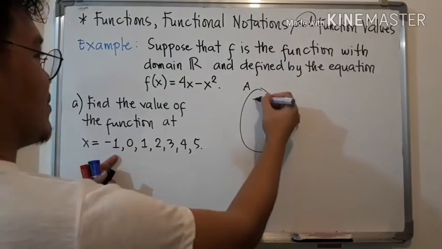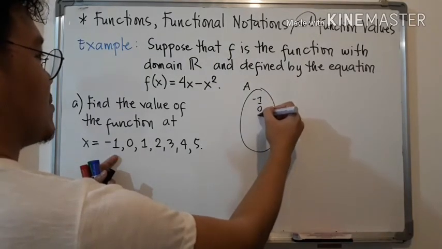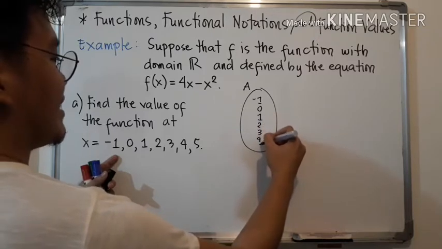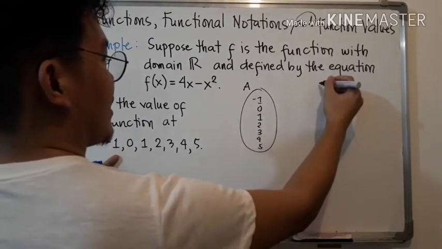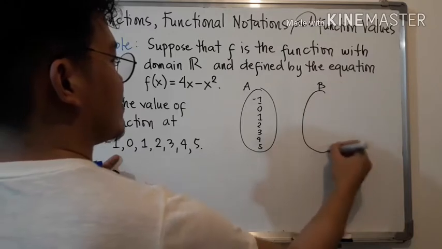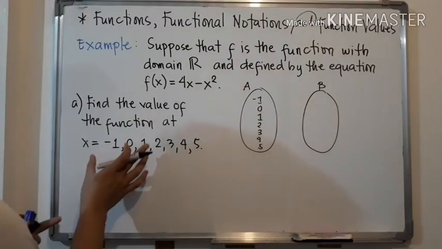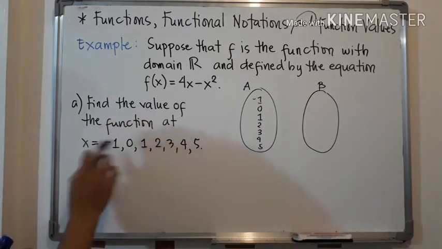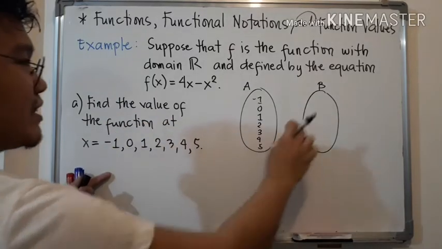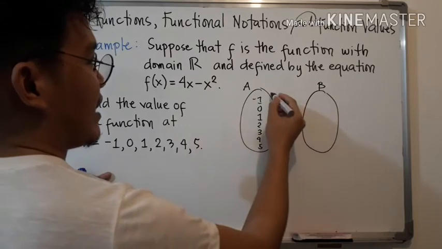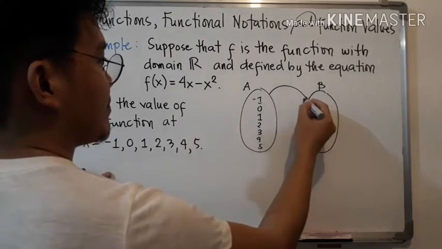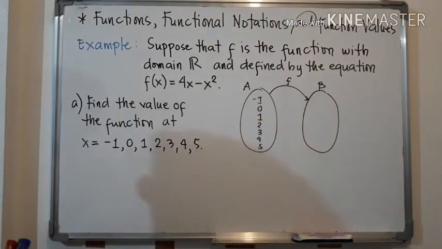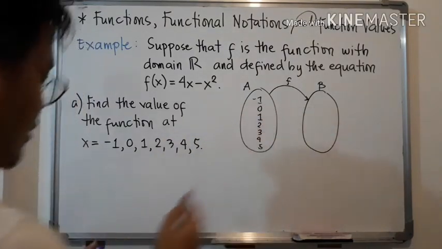So we have this negative 1, 0, 1, 2, 3, 4, and 5. And then we have this set B, which yun yung hinahanap ng problem, the value of the function at x. The value of the function is this set. And we have this mapping, function f is a mapping from A to B.